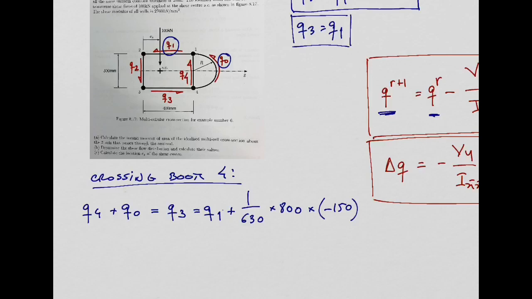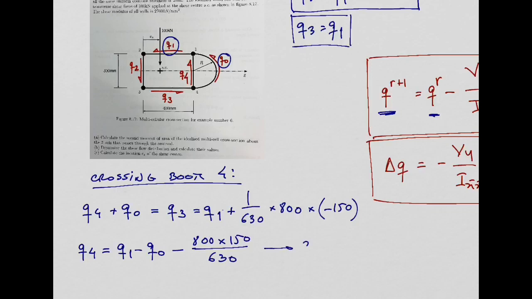So what I can do in this equation is leave on the left-hand side Q4. That's what we are looking for. I can send to the right-hand side Q0. Don't forget Q0 is one of our unknowns. It is the initial shear flow for cell number 2. So we will have Q1 minus Q0 minus 800 times 150 over 630.